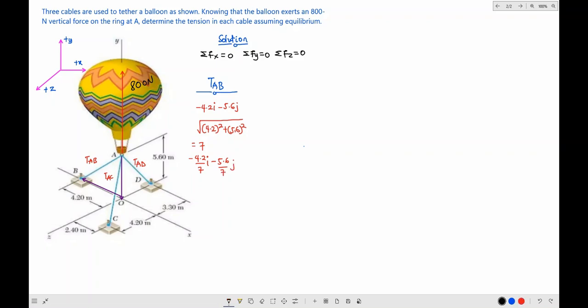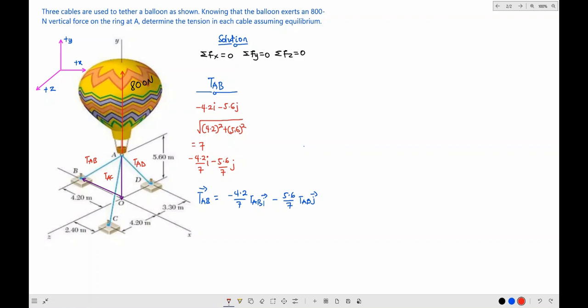To find the vector for the tension force in cable AB, we have TAB, which is a vector, equal to minus 4.2 over 7 multiplied by TAB in the i direction, and minus 5.6 over 7 multiplied by TAB in the j direction.